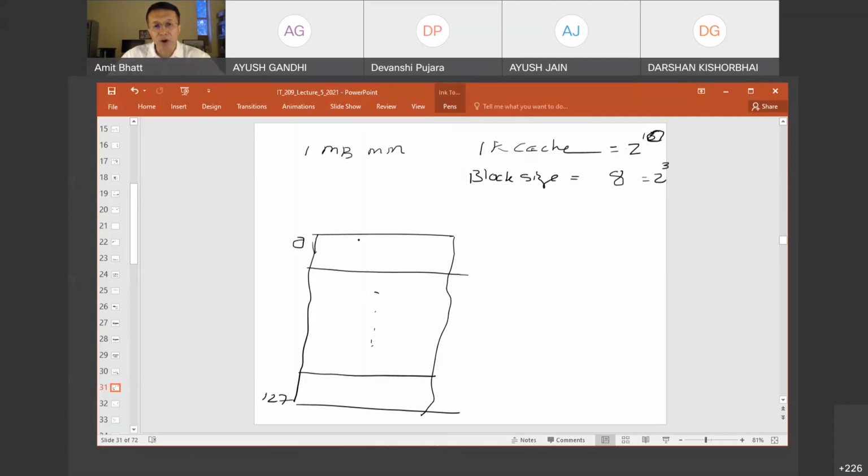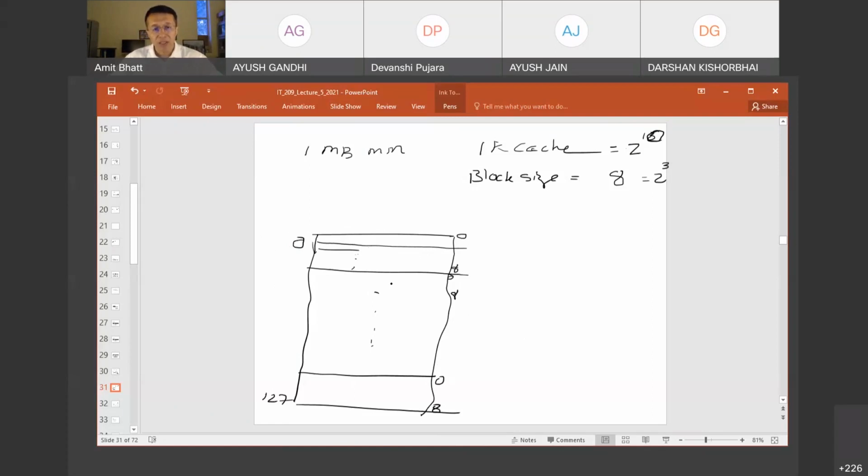And within each block, you will have 8 words, right? So this would be 0, and this is 8, and the second one, this is 0, and this is 8, this is 0, and this is 8. Okay. So now, if you increase your block size, the total number of blocks which are going to stay here will reduce, right?